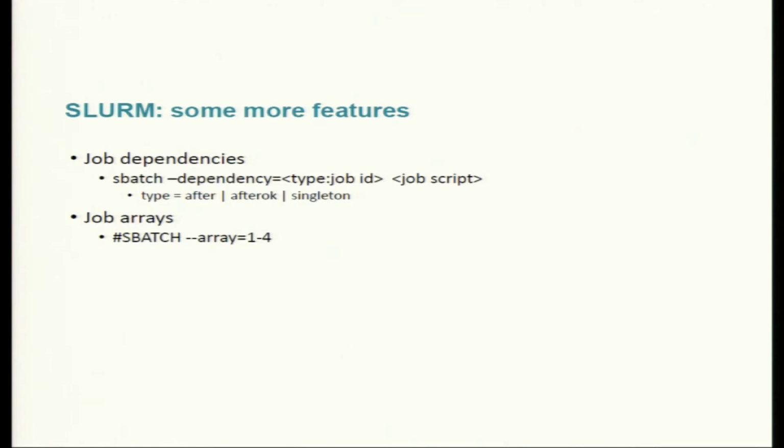Let's say we put afterok here, that means once my pre-processing job is completed, only then will my main job start. And we have to pass the job ID of the pre-processing script.